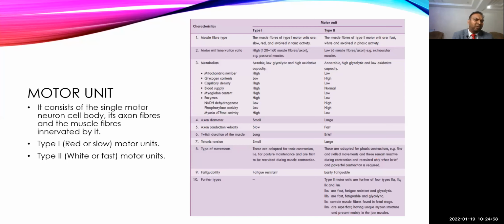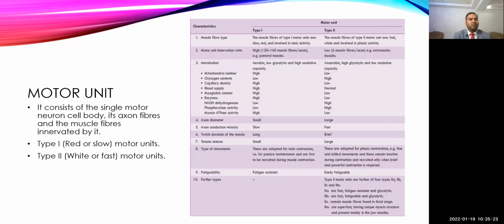There are two different types of motor units: slow motor unit or fast motor unit, also called red motor unit or white motor unit. Red ones have a little reddish color because of the presence of myoglobin. Myoglobin provides immediate oxygen to the motor unit, so they can work for a longer time even when there is less oxygen.